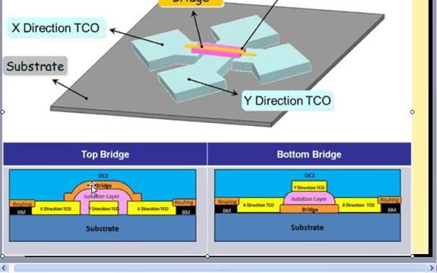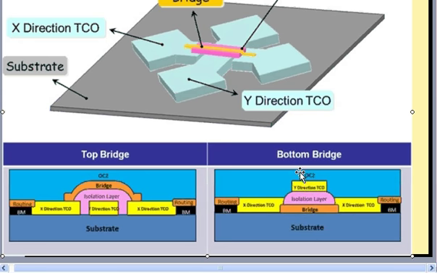It is really like a bridge, but the bridge can also be at the bottom. So in that case, you can see X is connecting with a bridge at the bottom, and then there is an isolation layer, then the Y direction sensor is on the top to make it separate.